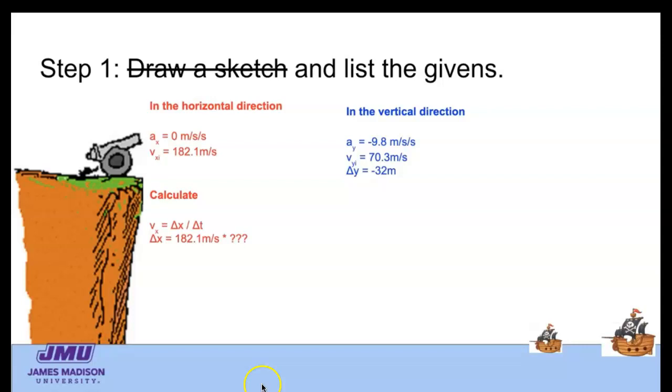So this is what I was talking about when I say you're going to have to calculate delta t in the y direction and then plug it back in on the horizontal side to determine how far the cannonball went in the x direction. So I go over to the y and I say I know the acceleration, v initial, delta y. I don't know delta t. I could use that equation with the 1/2 at squared.